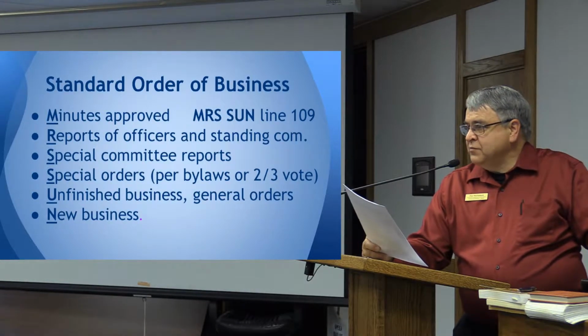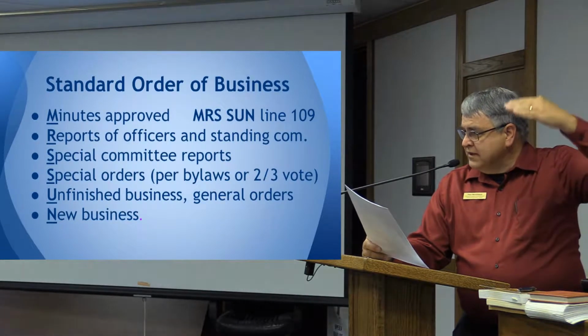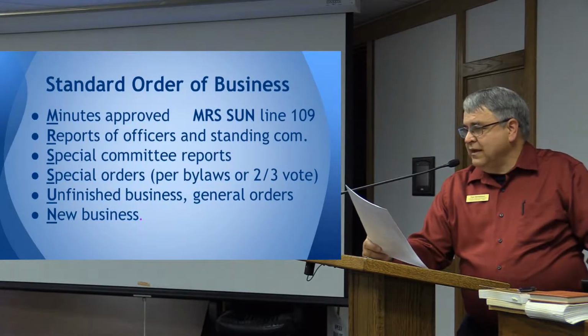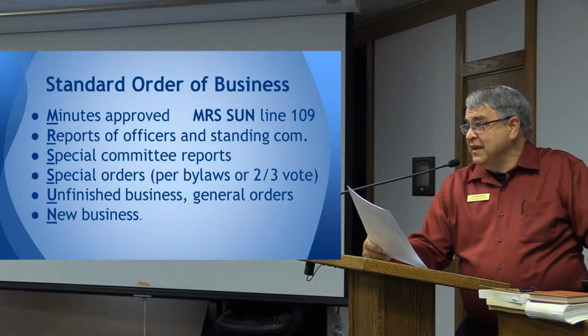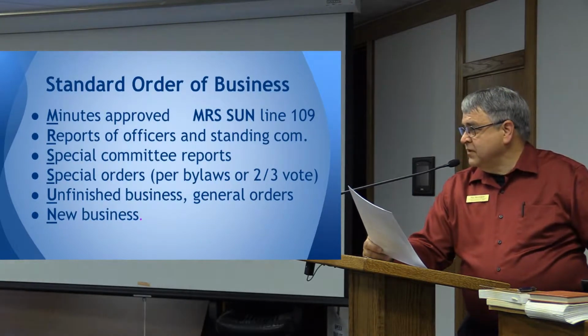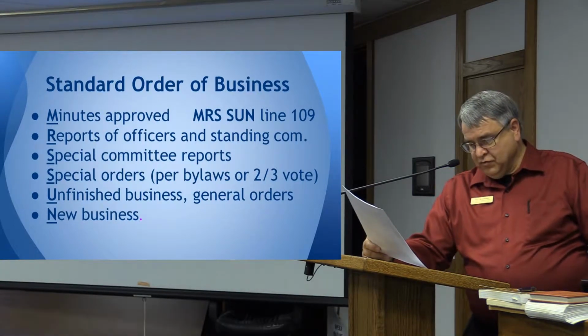If you have multiple standing committees to give reports, you give them in the order they're listed in the bylaws. That's the standard. If you have some special need to change that up, you just get unanimous consent to change the order. But the plan is the standard order, you'd follow those rules.